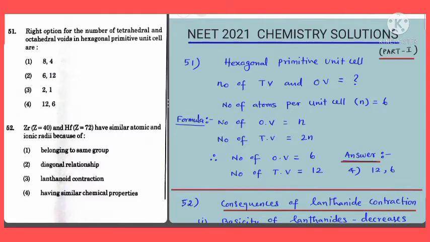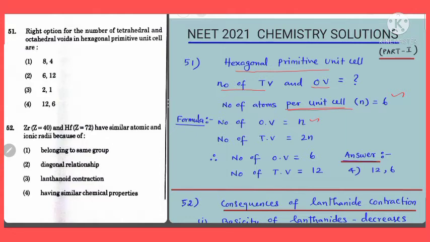Now, it is a hexagonal primitive unit cell. You have to find out the number of tetrahedral voids and octahedral voids, isn't it? So in a hexagonal primitive unit cell, the number of atoms per unit cell is 6. The formula for the number of octahedral voids is n.